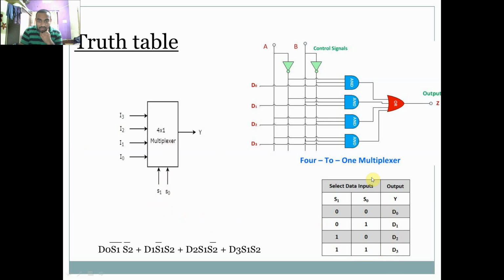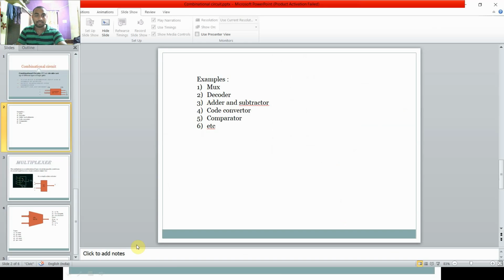According to this, we get an algebraic equation: D0 S1 complement, because it is 0, so we have a line above it, and also S0 complement. Sorry, I made a mistake on this. Wait a minute.